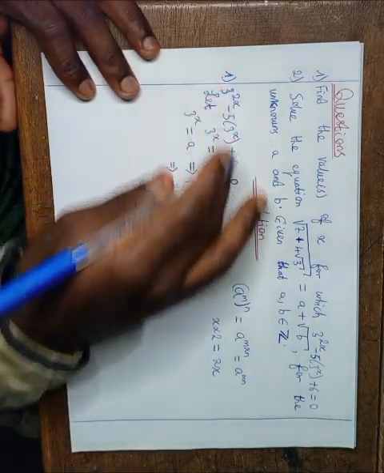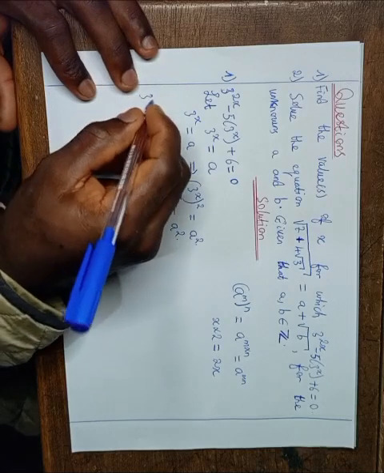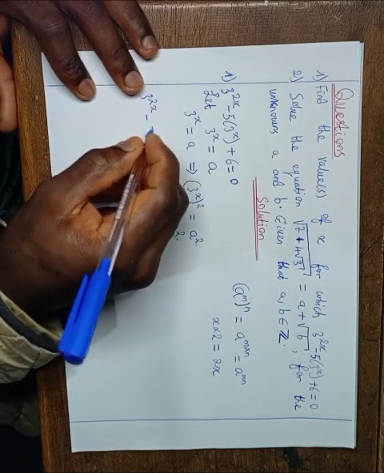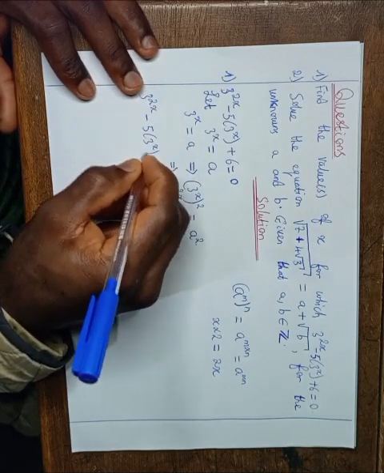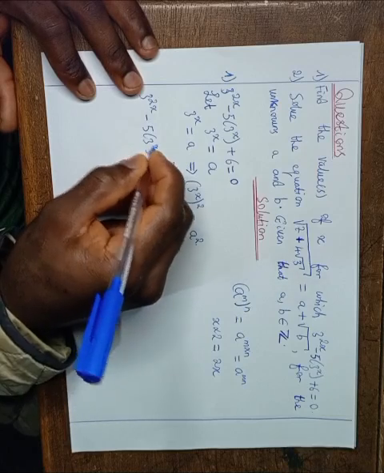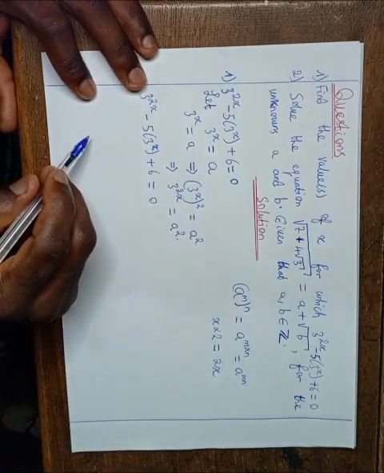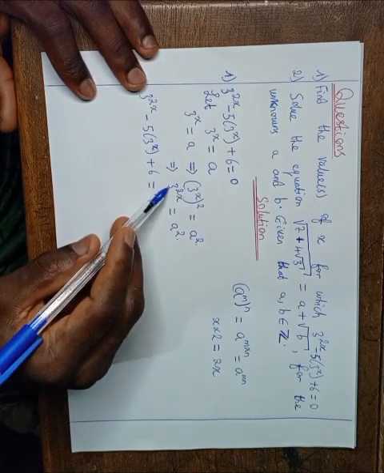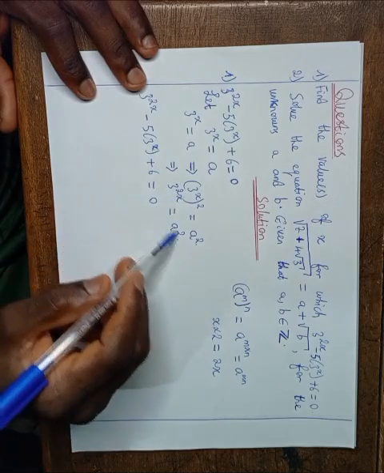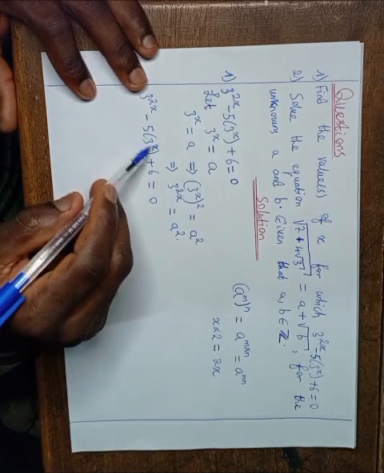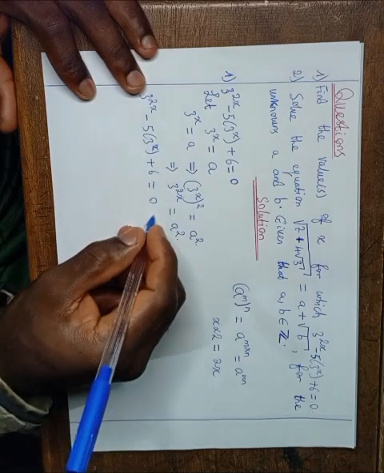Next, I'm going to write down this equation: 3 raised to the power 2x minus 5 times 3 raised to the power x plus 6 is equal to 0. Now, I'll proceed by replacing 3 raised to the power 2x with a squared and 3 raised to the power x with a.